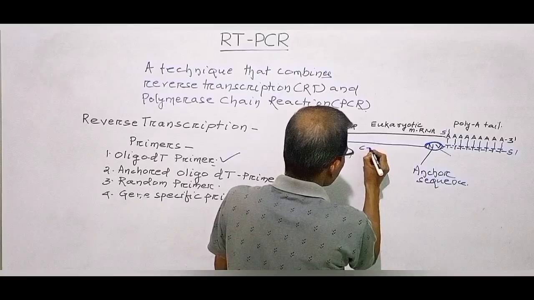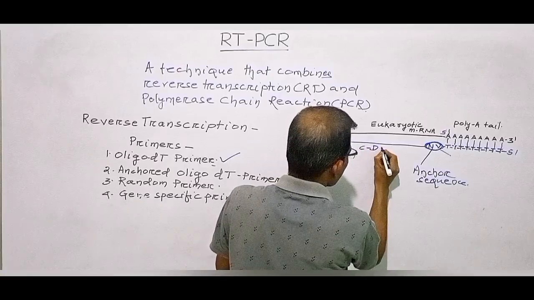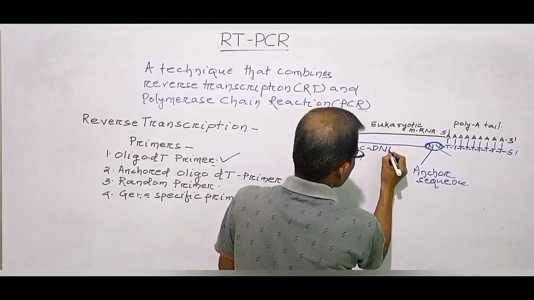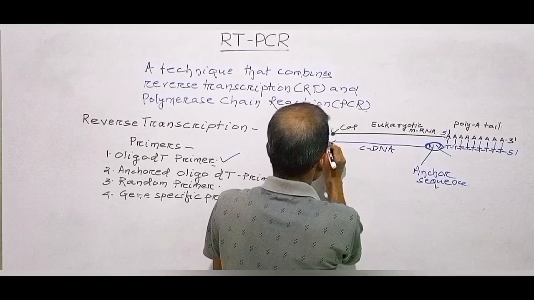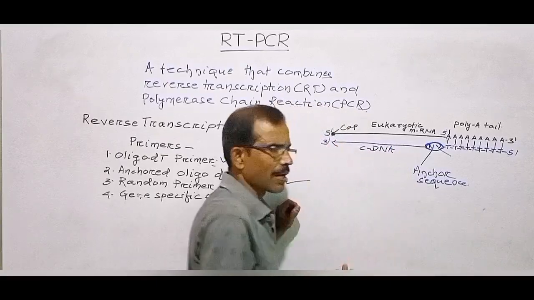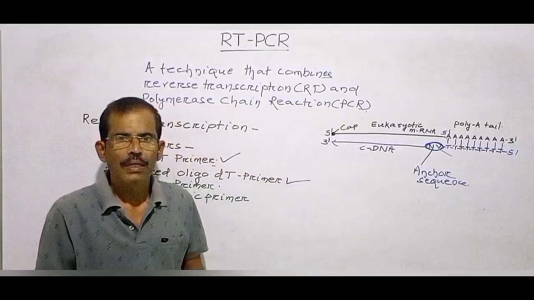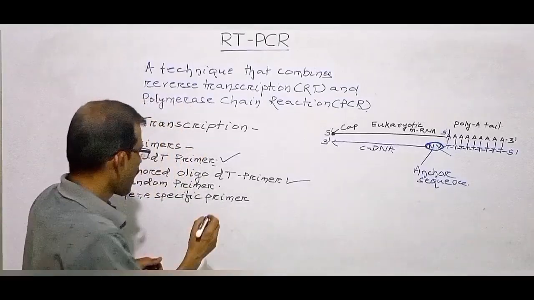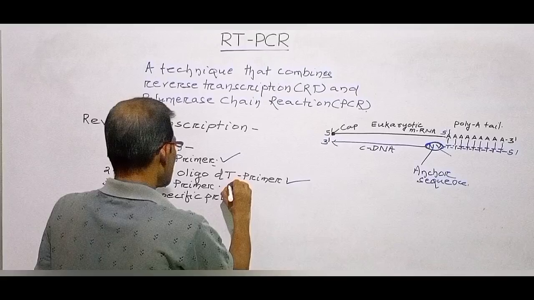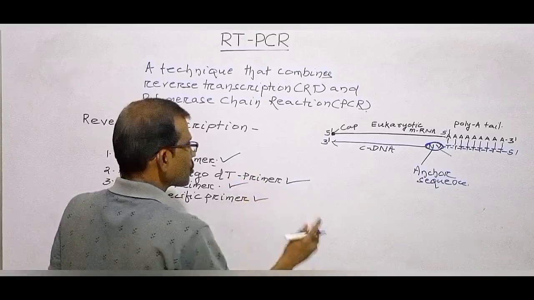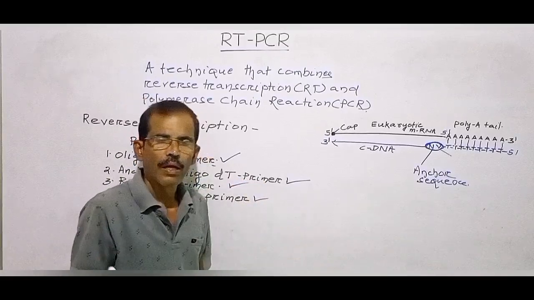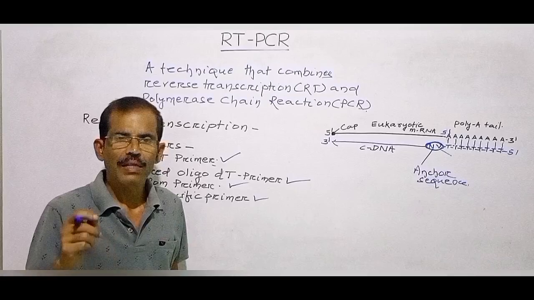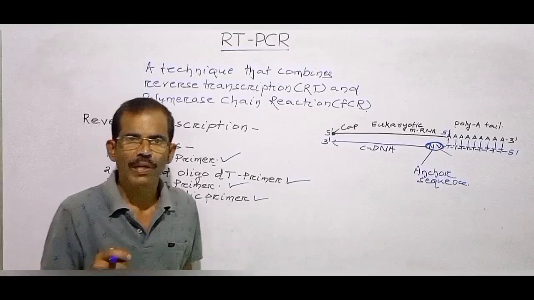Like DNA replication and transcription, reverse transcription also takes place in 5' to 3' direction. In addition to this, for reverse transcription, random primer and gene-specific primer can also be used. Random primers like hexamers are non-specific.